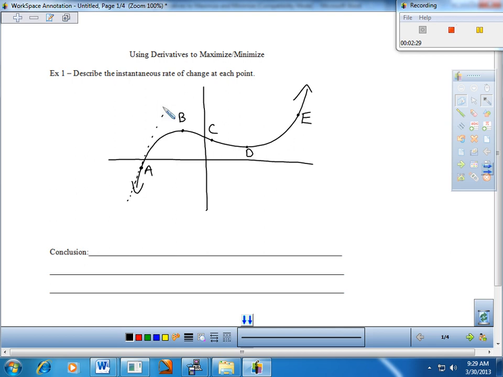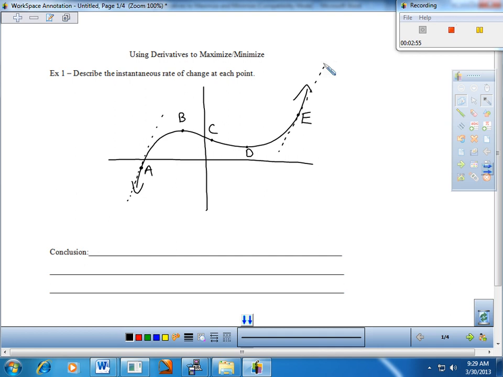So at point A, we would be comfortable saying at least that the instantaneous rate of change is positive. I see one more point out of the remaining 4 where that would be the same case. And I'm hoping you would then say that point E has an instantaneous rate of change that would be considered positive. Something along those lines right there.